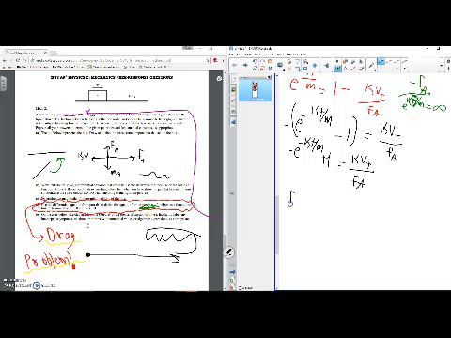Maybe it's a little too early that I do that. I went too far ahead. My bad. We're going to have negative f sub a e to the negative kt over m plus f sub a all over k, because we're dividing, right, to get vt.